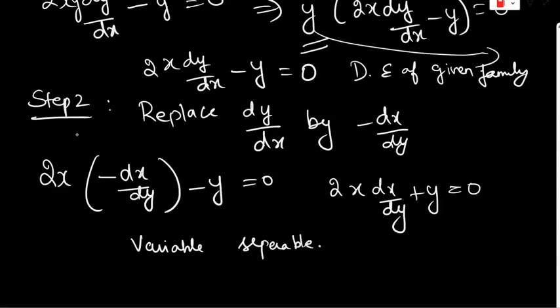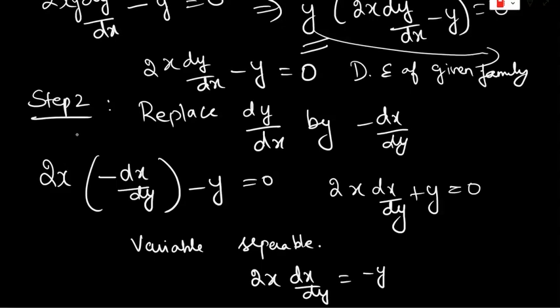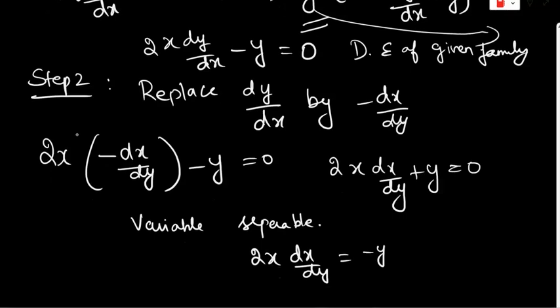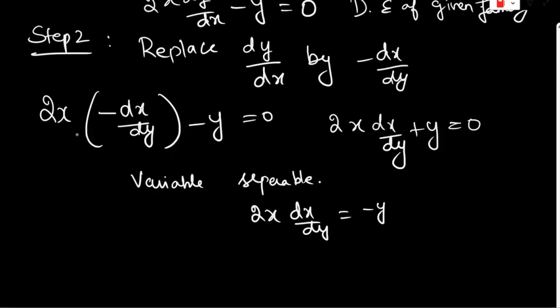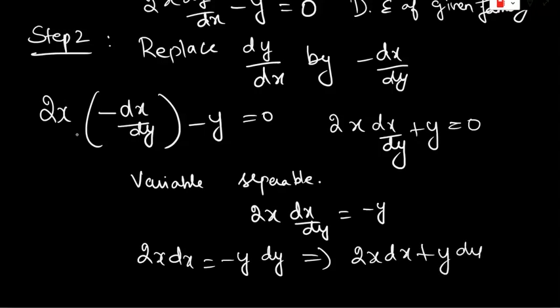We will segregate 2x into dx by dy is equal to, if you want, you can write minus y to the other side. We can segregate x and dx on one side, y and dy on the other side. 2x into dx is equal to minus y dy, which implies 2x dx plus y dy is equal to 0.